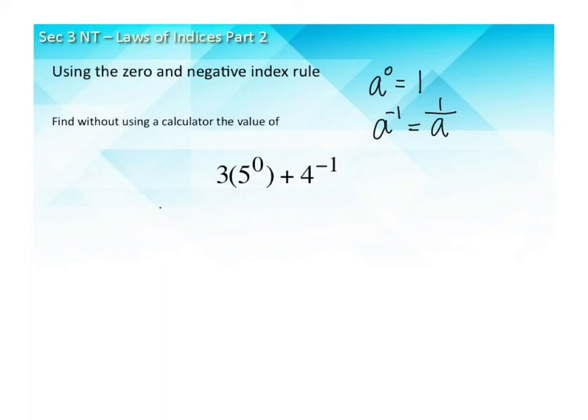What is this? This is actually 3 times 5 to the power of 0 plus 4 to the power of -1. Applying the zero index rule for 5 to the power of 0, take note 3 does not have power 0, so 3 stays the same.